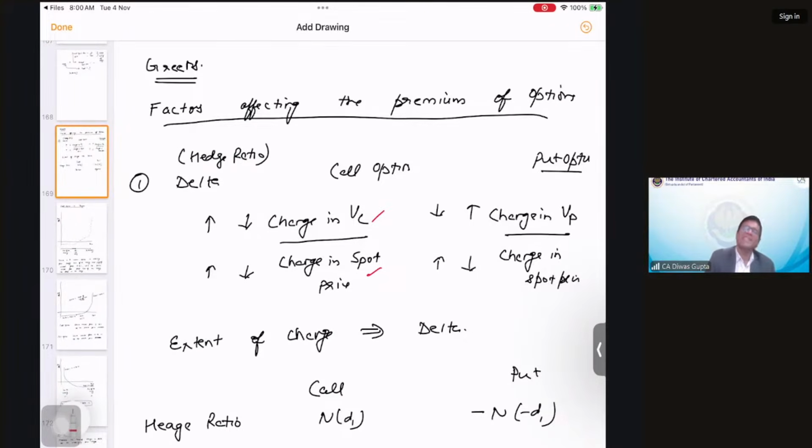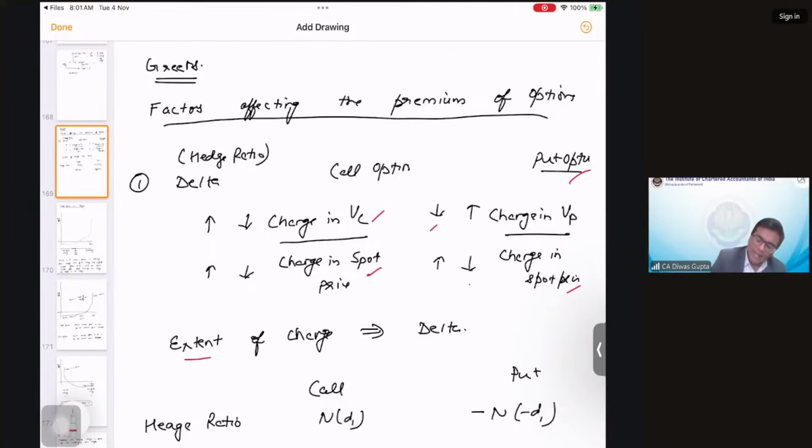If the spot price increases, the value of the call option also increases. There is a direct correlation. In case of a put option, if the spot price increases, the value decreases, and if the spot price decreases, the value increases, because the lower the value of the share in case of a put option, the higher the payoff will be, right?